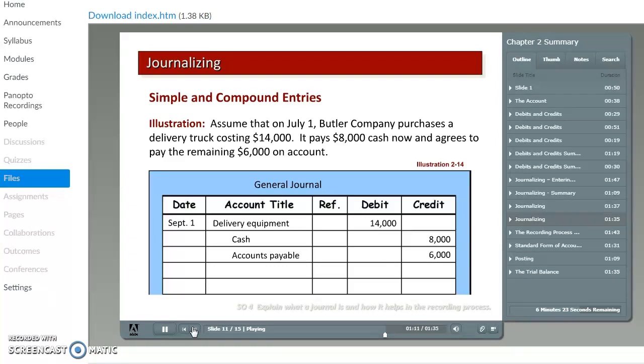Note that now debits of $14,000 equal credits of $8,000 plus $6,000. This is an example of a compound journal entry because it includes not 1, but 2 credit accounts. The previous slide included 2 simple journal entries that had only 1 debit account and 1 credit account.